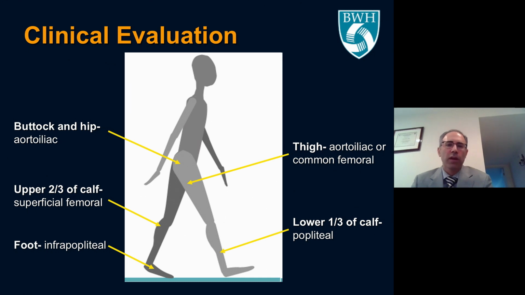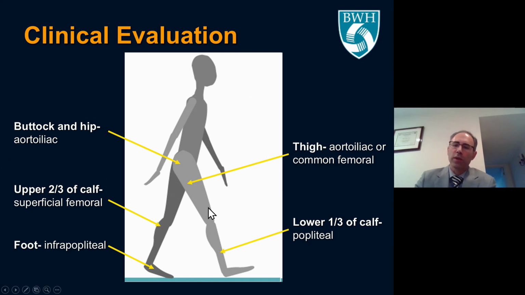We can localize or try to localize where the arterial occlusive disease is in patients with peripheral artery disease, depending on where their symptoms are located. So patients that have buttocks and hip claudication oftentimes will have either aortic or iliac disease.